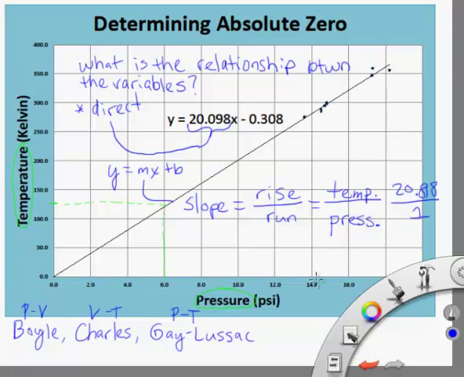Here we have our pressures right around 14, in that ballpark, going up to about 17. That's an increase of about 3 pressure units. If the pressure increased by 3, the temperature would have to increase by how much? 3 times 20, roughly 60.